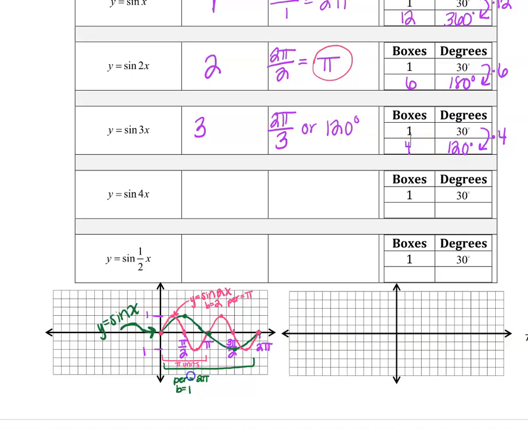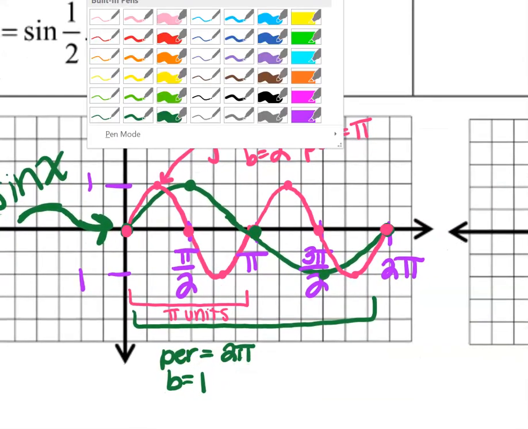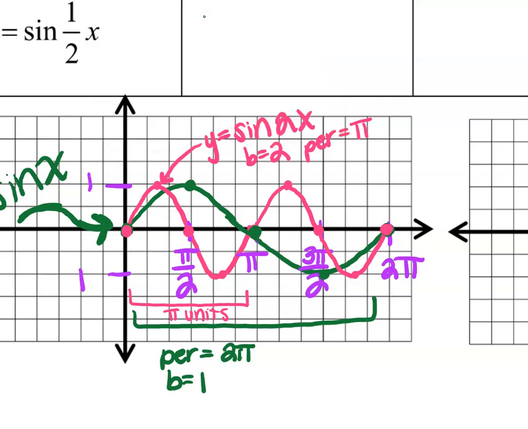I'm going to zoom in. I'll do some blue color. So over 4 boxes, you're going to see one period, right? So here's the beginning. 1, 2, 3, 4. There's the ending. Halfway, I'd be on the midline again.